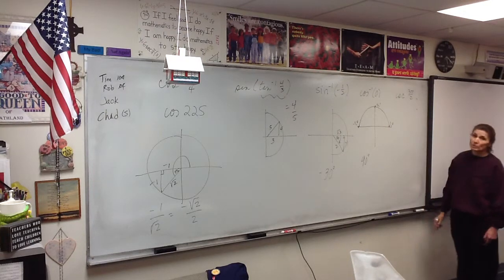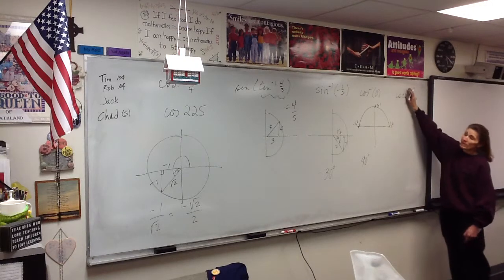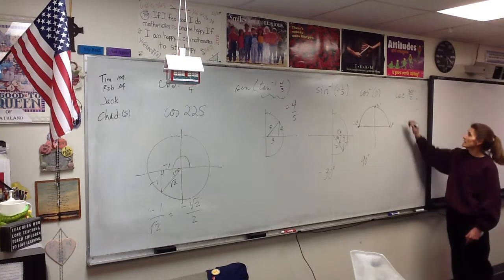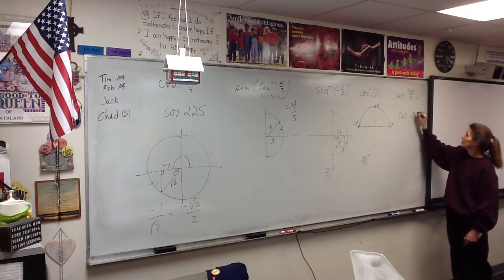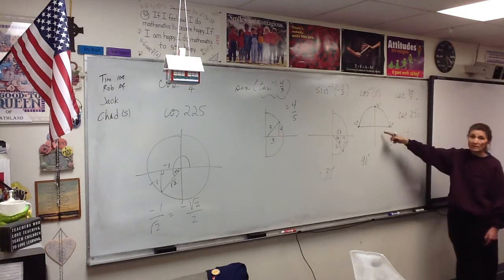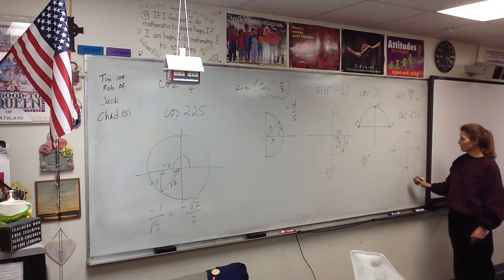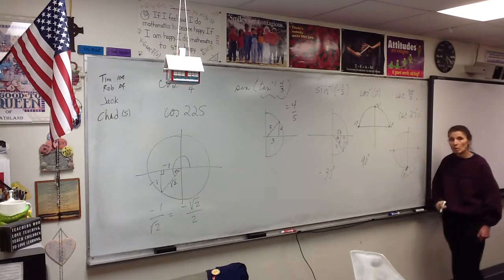Cosecant 3 pi over 2, first thing I'll do is change this into degrees. So pi is 180, divided by 2 is 90, times 3 is 270. 270 is a quadrantal angle. Much like the previous problem, I'm going to be looking around the circle. I know my angle is 270, so I'm looking right here. That point is 0, -1.